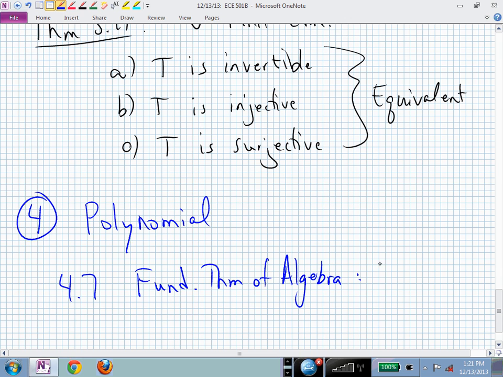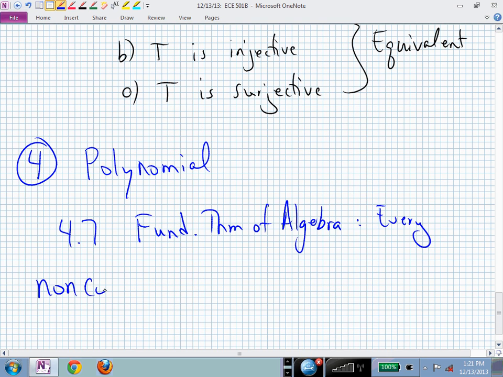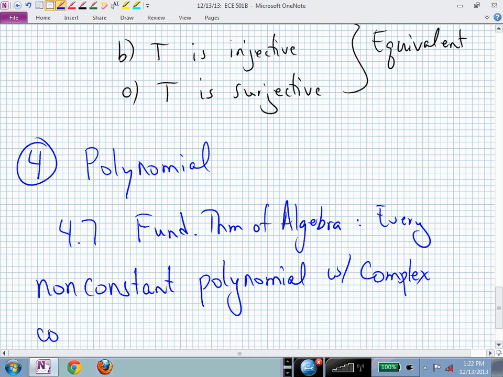And that one says that every non-constant polynomial with complex coefficients has a root. That's a pretty powerful statement.